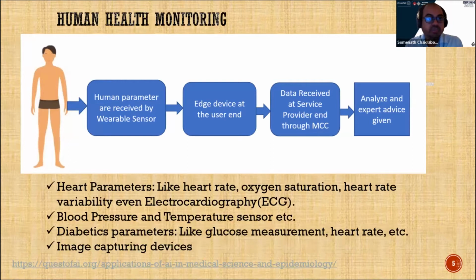Basically, for human health monitoring, we know a lot of human parameters can easily be detected by wearable sensors. Initially we used IoT devices. Currently that is integrated with edge devices. We call them edge devices because automatic cloud computing happens within those edge devices.